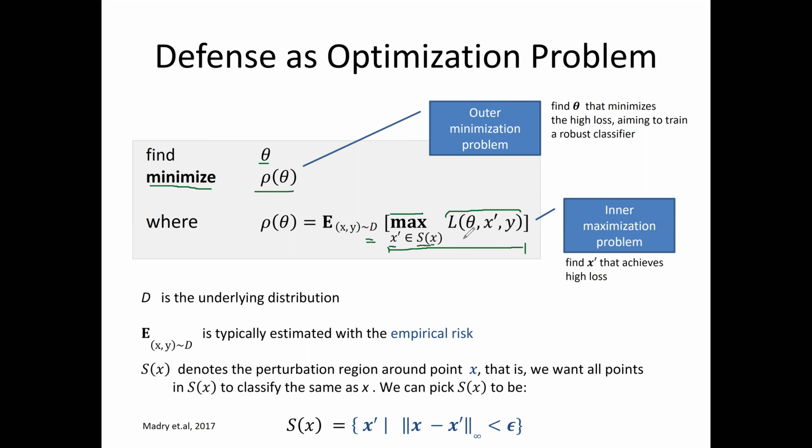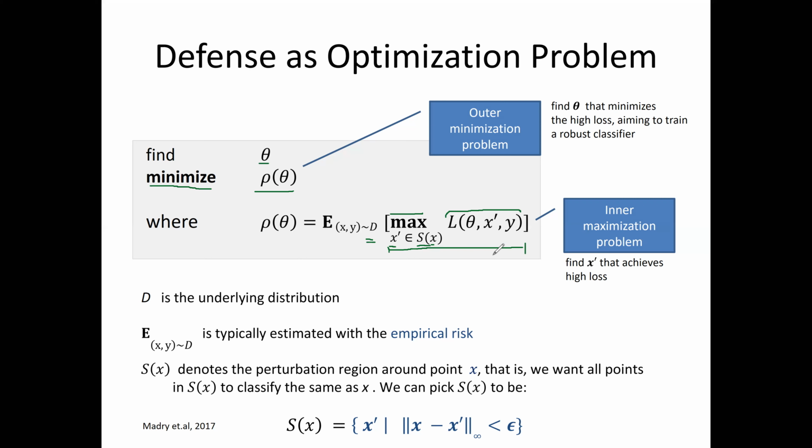It could be, for instance, the cross entropy loss or some other loss that you want to use here. So the goal of this inner maximization problem is to find an X prime, the point in that region around X which maximizes the loss. So it tries to achieve, let's say, worst case behavior, if you want.